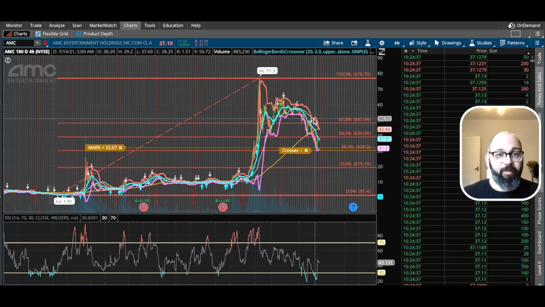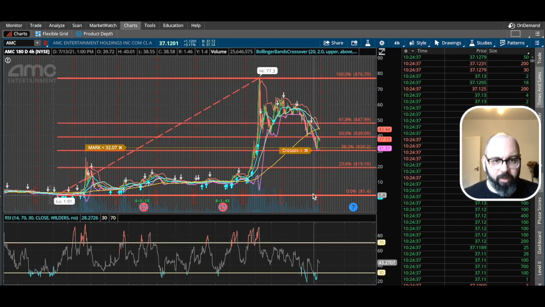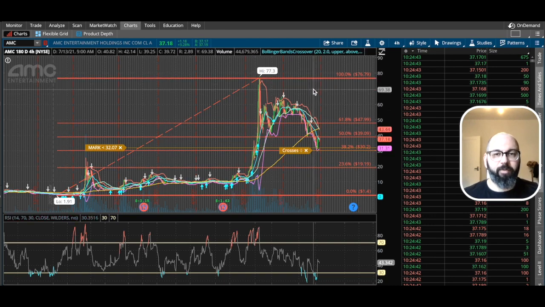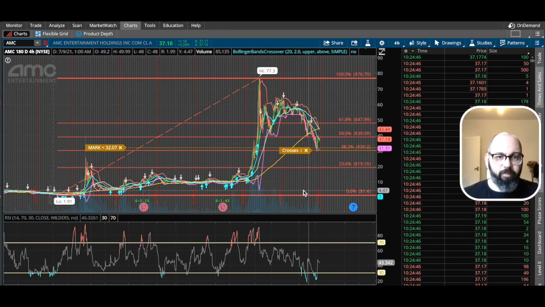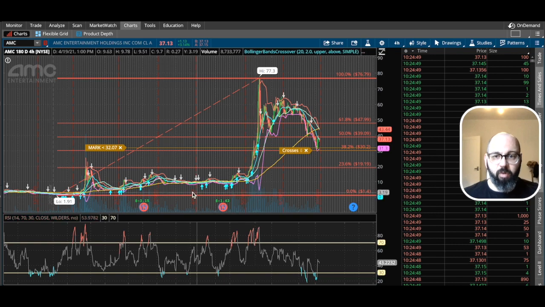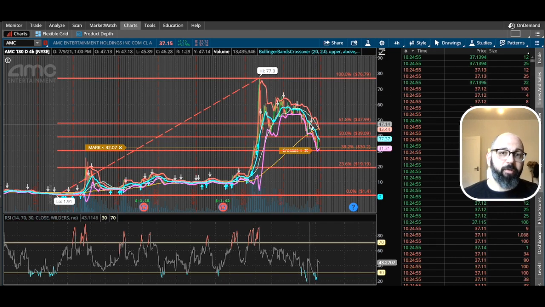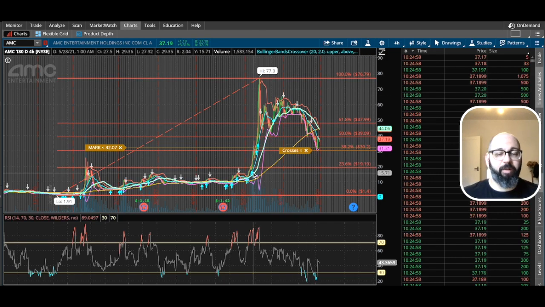Now, if I'm watching it in real time and I notice, look, down here, this volume is super weak. That's another indicator to me that this thing probably isn't going to keep running up to $79. If the volume is really strong, like what we're seeing over here, where the blue lines come all the way up here, maybe I take a quarter of my profits. I have 100 shares, so I sell 25.